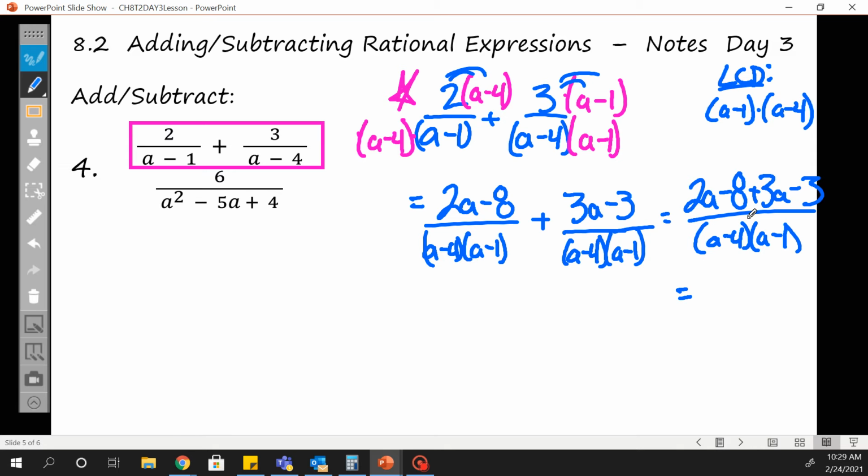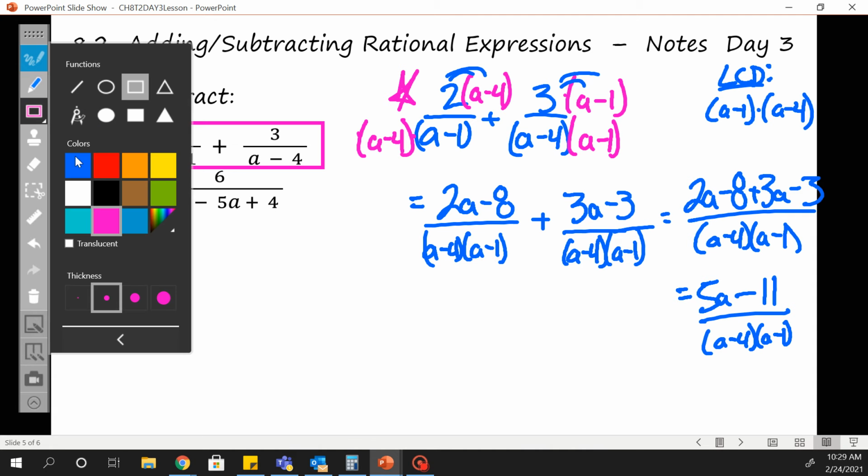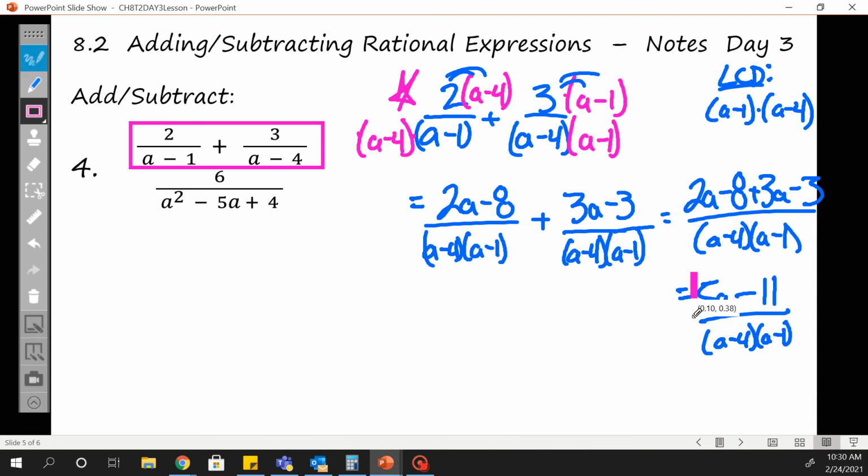Combine the like terms, 2a and 3a is 5a, negative 8, negative 3 is negative 11, over a minus 4, a minus 1. Since we're going to be dividing, we do want to try to factor this, but it's already factored. The numerator cannot be factored. The denominator cannot be factored. So this is our numerator.